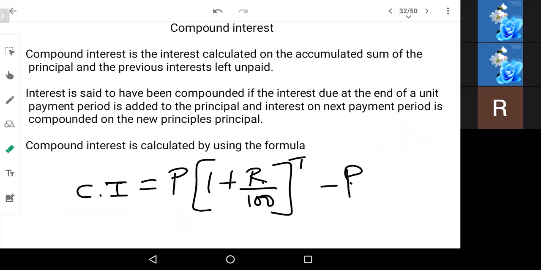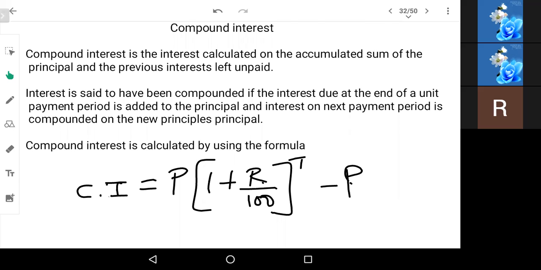So the formula for the compound interest is P into 1 plus R by 100 to the power of T. Principal into 1 plus R by 100 to the power T minus P. If you want to find the compound interest, you have to subtract the principal from whatever amount you get here.